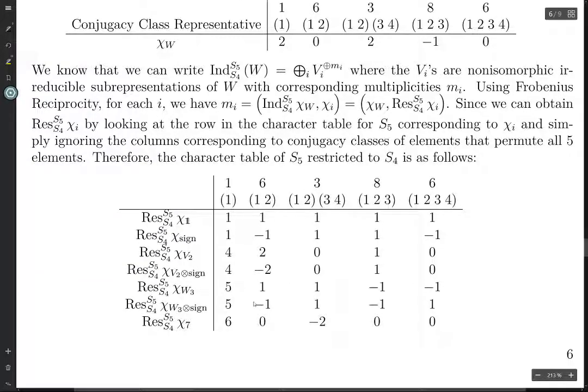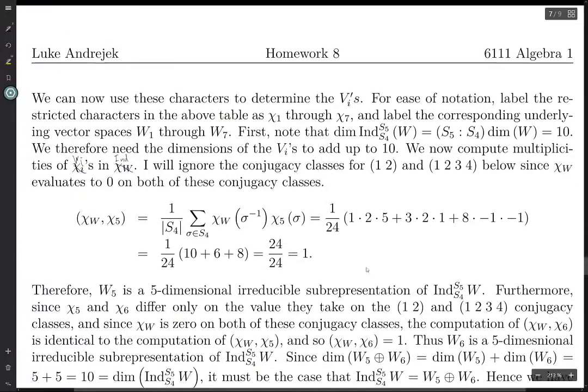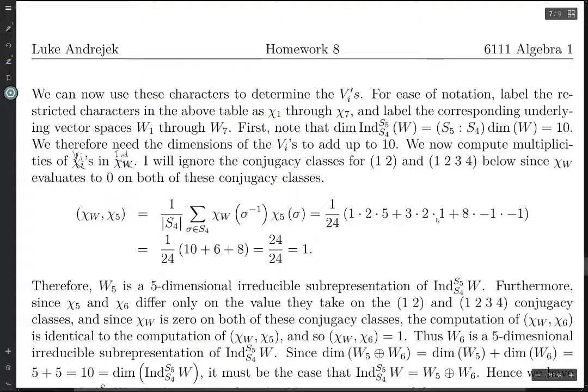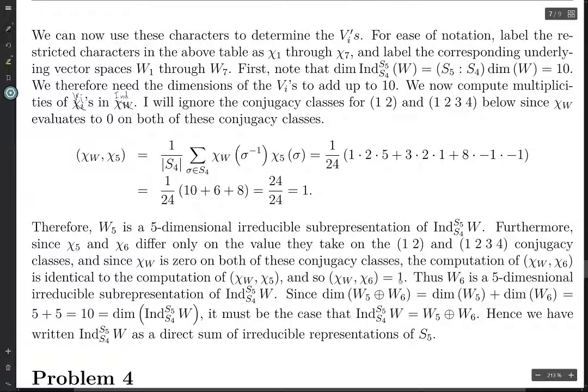And so the computation is going to be completely identical, because all the numbers that actually matter in the computation for these two are the same. We get the 5s, the 1s, and the negative 1s. It'll be this exact same computation, and so therefore the inner product of chi W with chi 6 is 1.